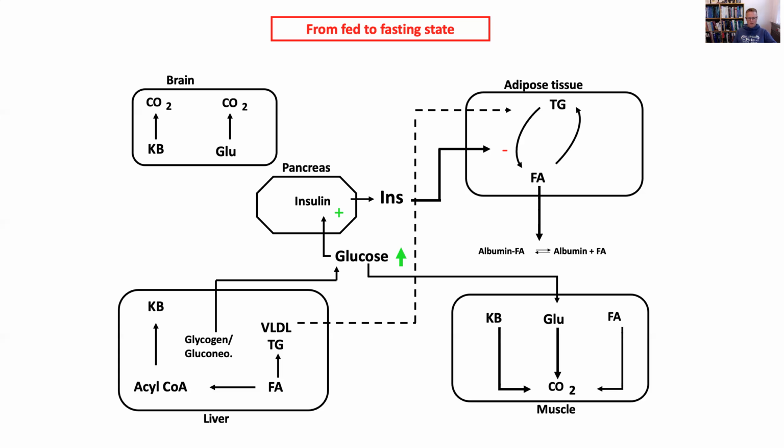So that when the glucose concentration is increasing and the fatty acid concentration is decreasing, the excess fatty acids will, as I said, be incorporated into lipoproteins and return to the adipose tissue. And the increasing glucose concentration will, of course, also support the re-esterification of fatty acids into triglycerides again.